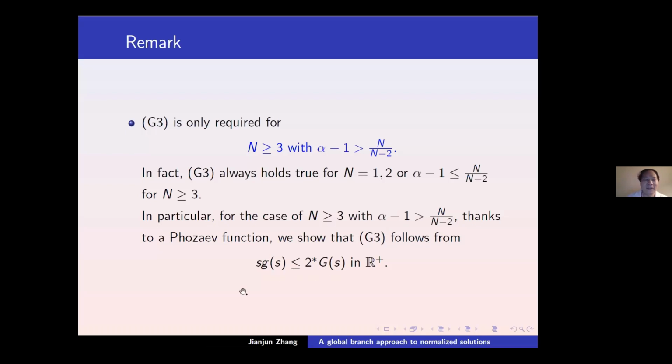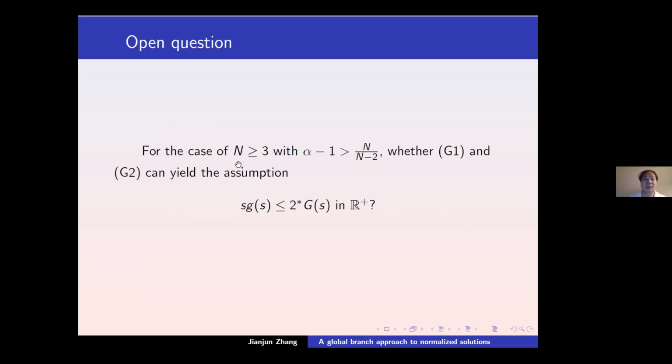So we can give a very popular prototype. For example, G(s) equal to s to the power p. If p is less than the exponent 2 star, G3 is true. Here we can give one open question.